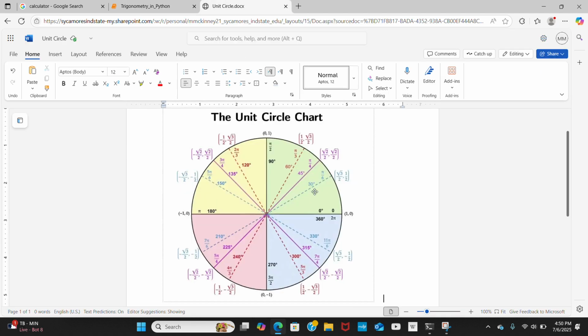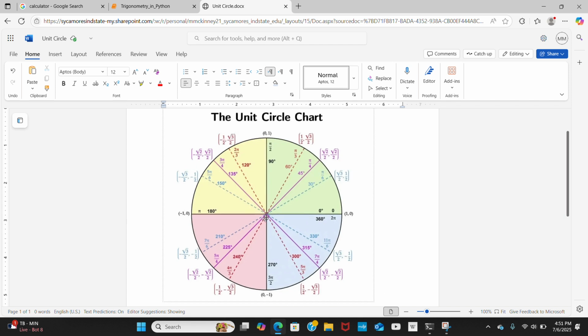I should have explained sine and cosine before I started doing the coding. What is on the y-axis going up is sine, like 1 over 2, and negative square root of 3 over 2. Cosine is the x-axis, like negative 1, 1, square root of 3 over 2, and 1 over 2. As you can see, some of these are negatives and some are positives.